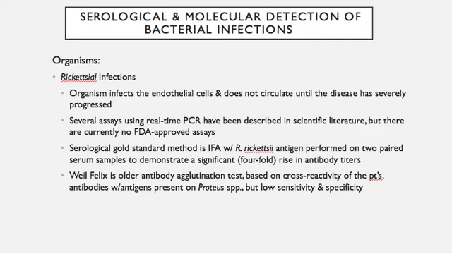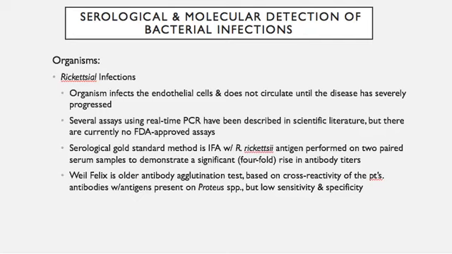So the serological gold standard method is IFA with Rickettsia rickettsii antigen performed on 2 paired serum samples to demonstrate a significant rise in antibody titers. And here, and really in a lot of testing, a significant titer is considered a 4-fold increase in those antibody titers.